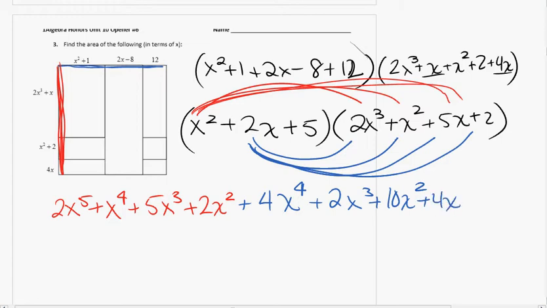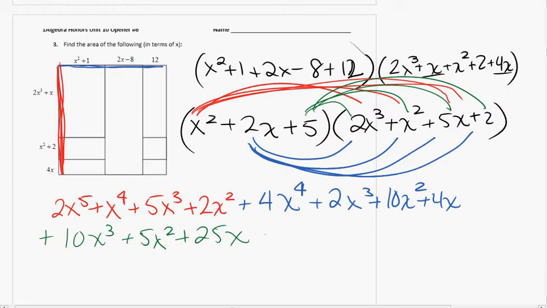And then the last distribution I will do will be to distribute the 5, 2, 3, 4. And so I get plus 10x cubed plus 5x squared plus 25x plus 10. And now I'm in the game of combining like terms.